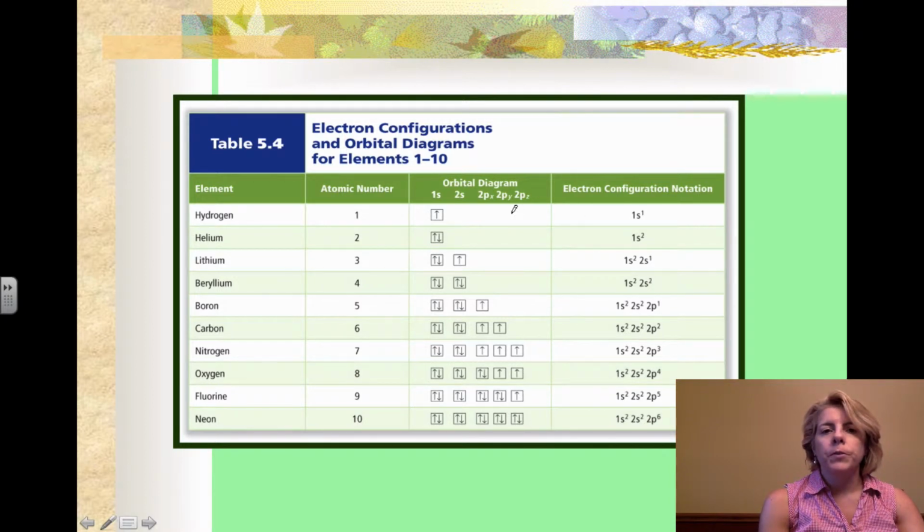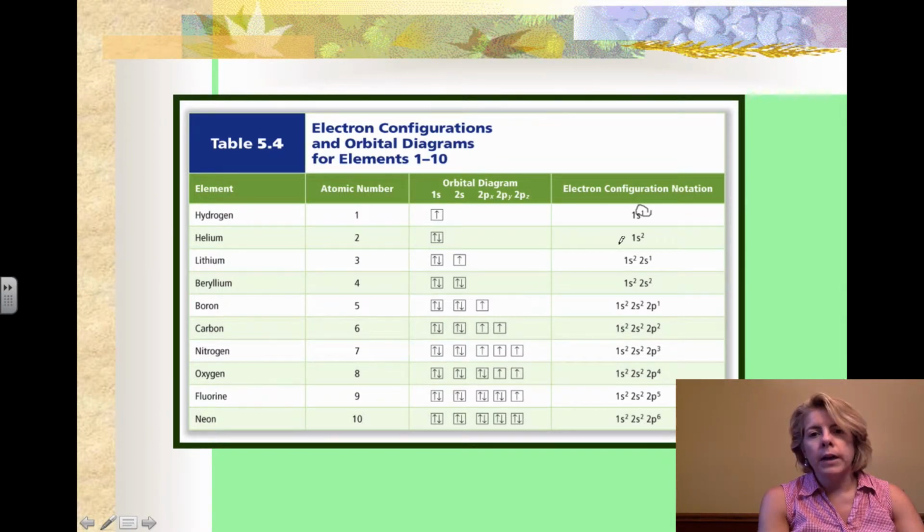So for the first one, notice that we have 1s, and it has a little superscript at the top, this little 1. That tells you how many electrons are located within that orbital. And from the previous slides, how many electrons can you fit in that s orbital? So you should say 2.